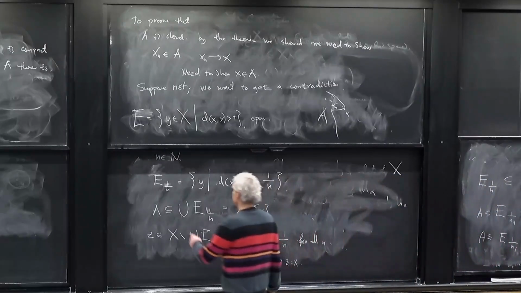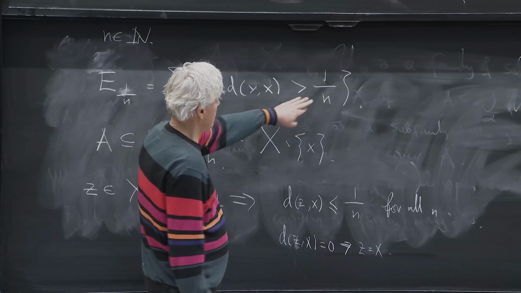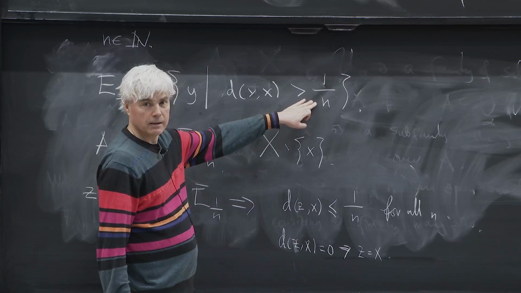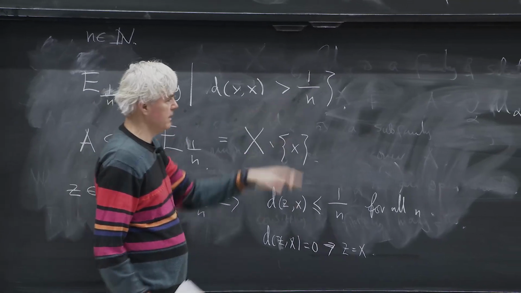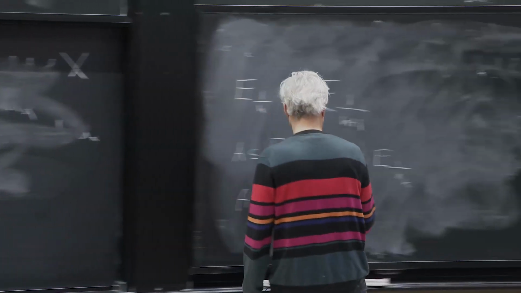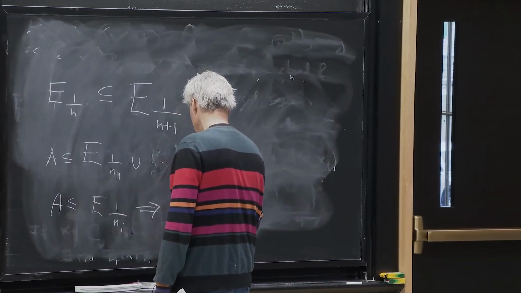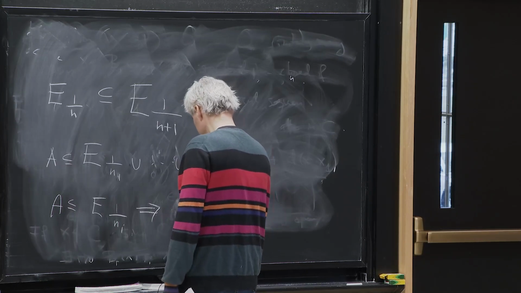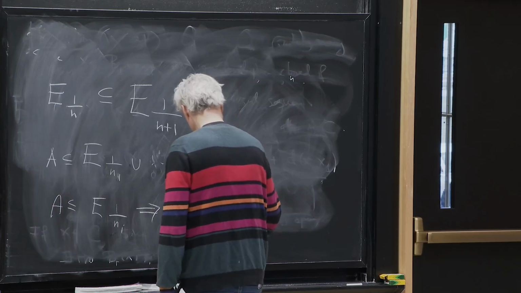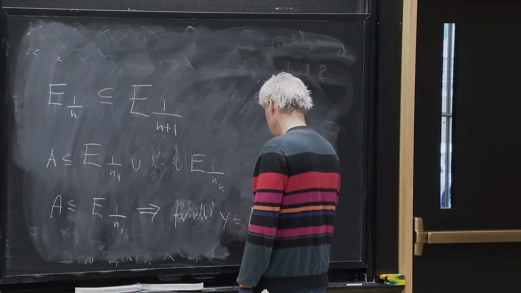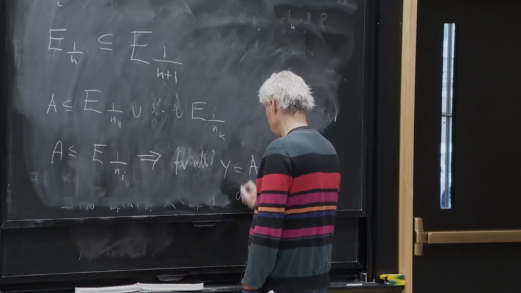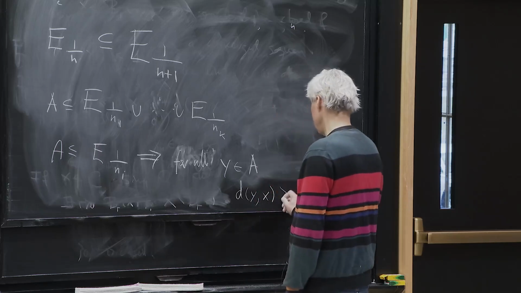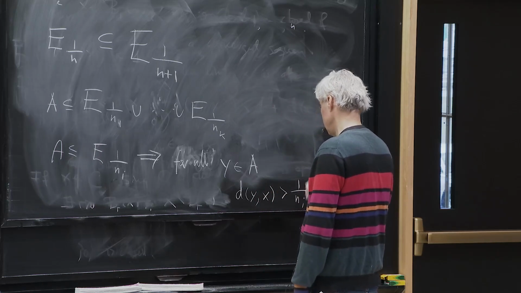now that there is some lower bound for the distance to x in A. This means that there does not exist, let me say it, for all y in A, the distance from y to x is strictly bigger than 1 over this ni.